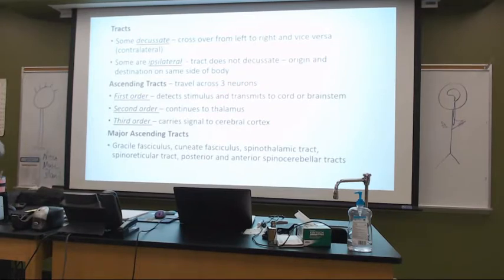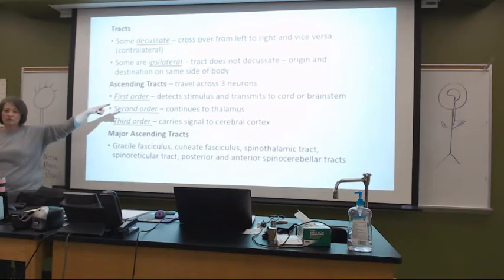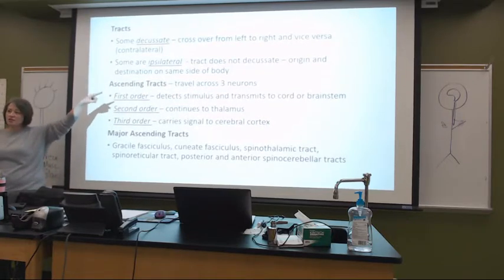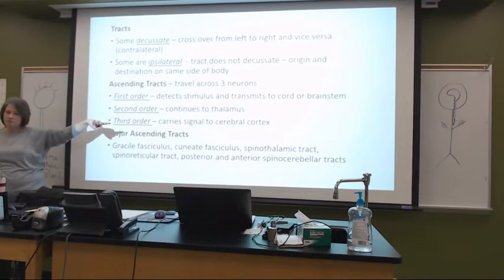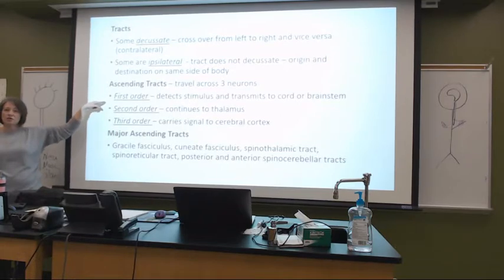When information goes in, that means our sensory information, we have to travel across three types of neurons. We're going to say that they are the first order, second order, third order.